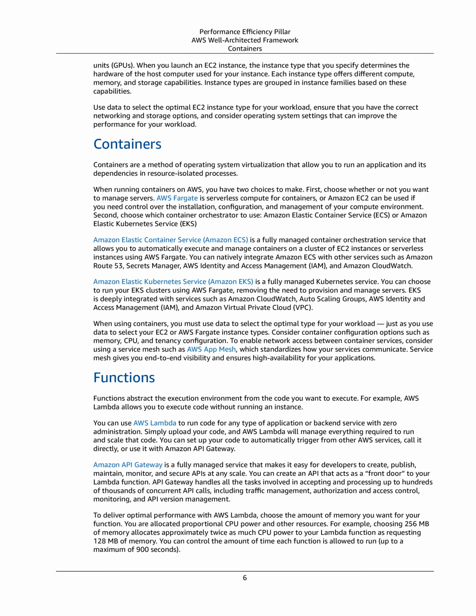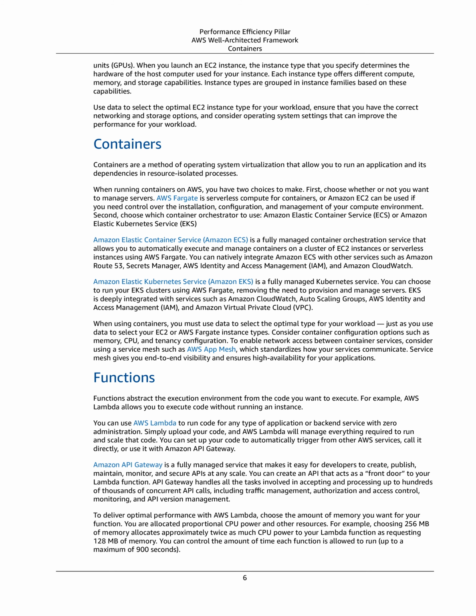Amazon Elastic Container Service, Amazon ECS, is a fully managed container orchestration service that allows you to automatically execute and manage containers on a cluster of EC2 instances or serverless instances using AWS Fargate. You can natively integrate Amazon ECS with other services such as Amazon Route 53, Secrets Manager, AWS Identity and Access Management, IAM, and Amazon CloudWatch. Amazon Elastic Kubernetes Service, Amazon EKS, is a fully managed Kubernetes service.